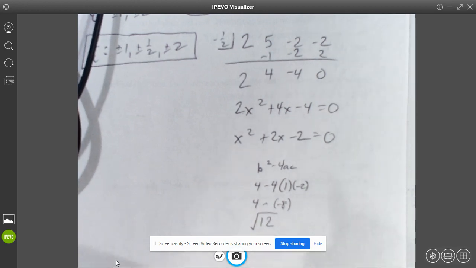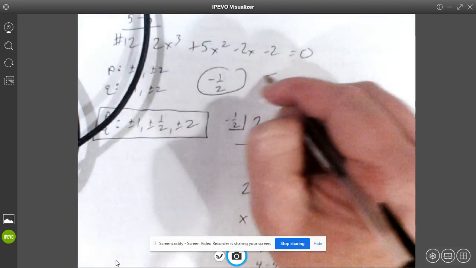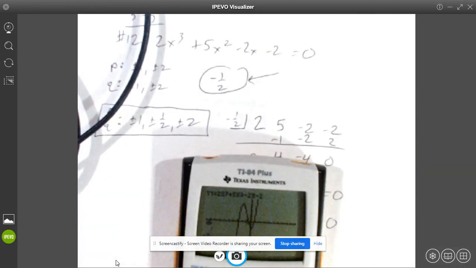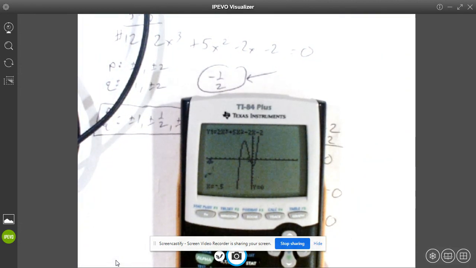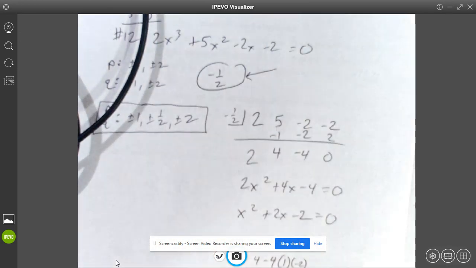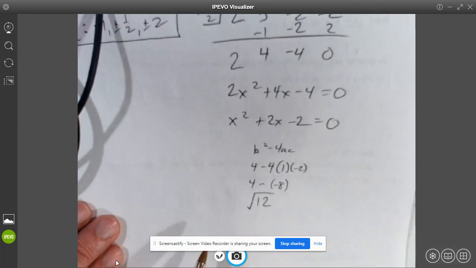Since all they're asking for here are the rational roots, the only rational root is right here at negative 1/2. So while this thing does have 3 real roots, the other 2 roots must be irrational. We can see they involve the square root of 12 if we had gone ahead and tried to do the quadratic formula there.